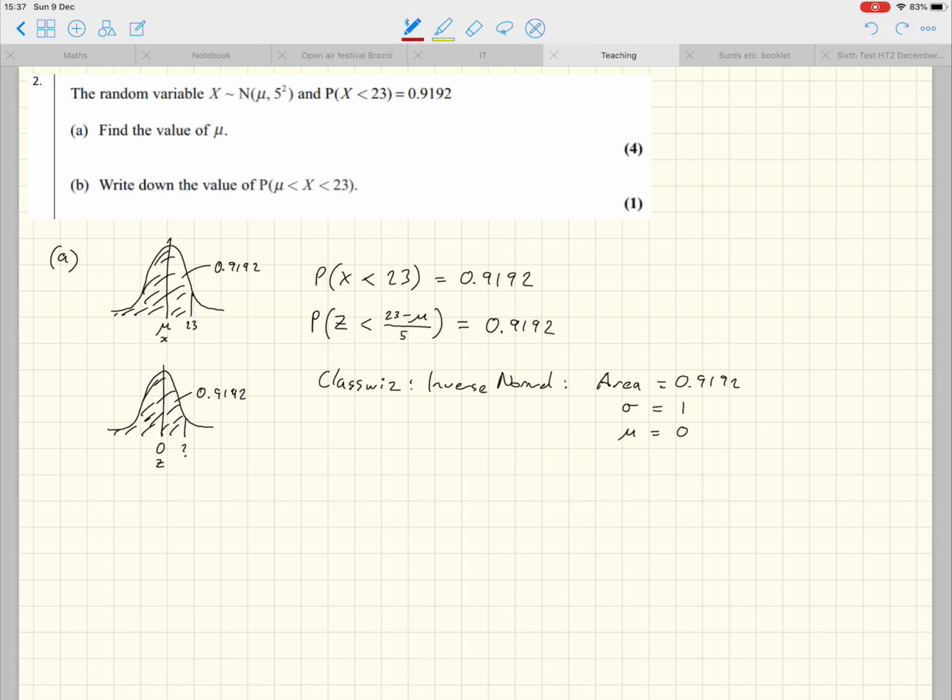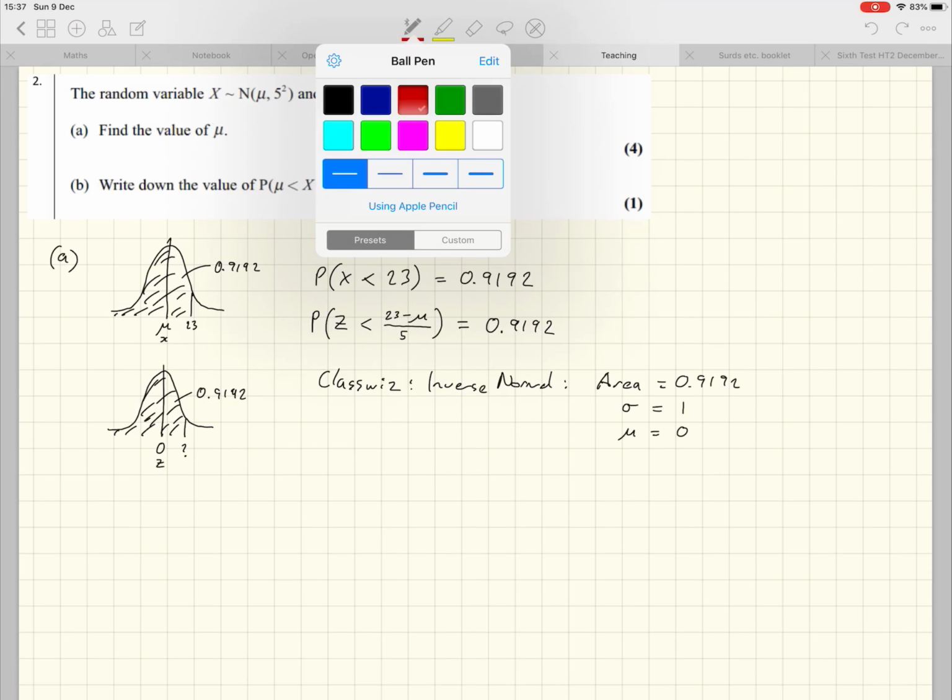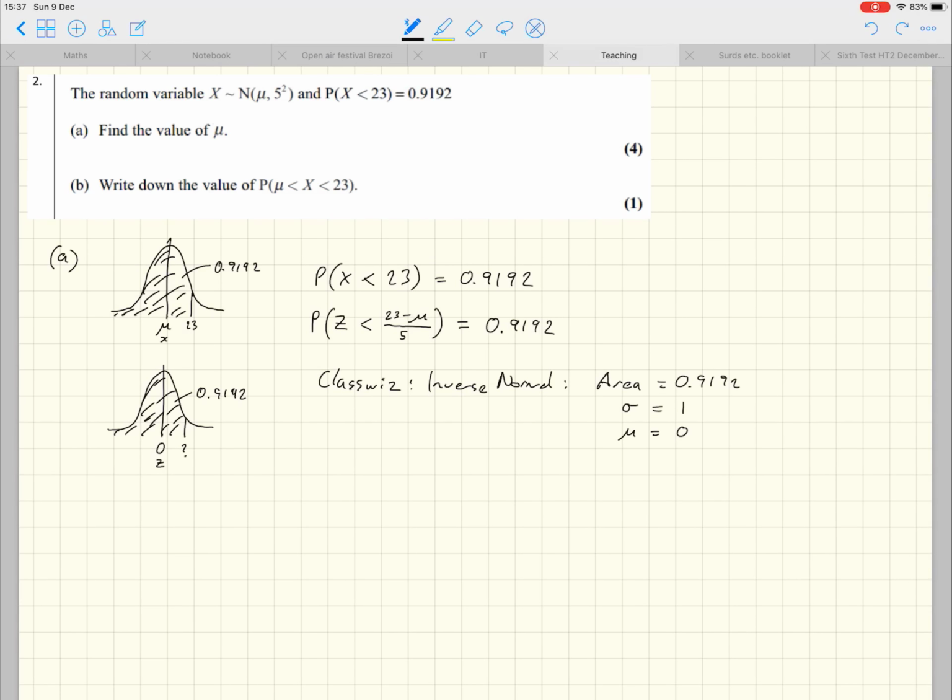With that information, the calculator comes up with 1.3997. So we can now write that this expression here is equal to 1.3997.